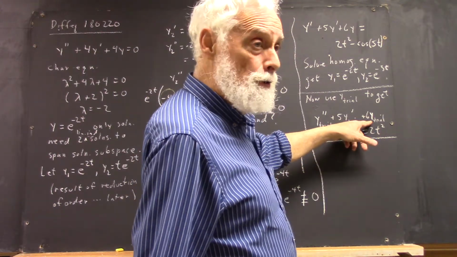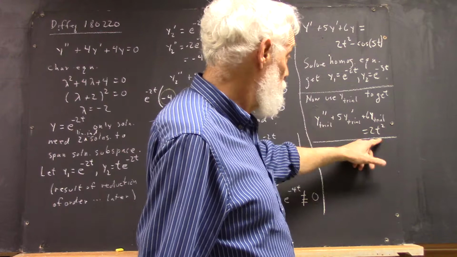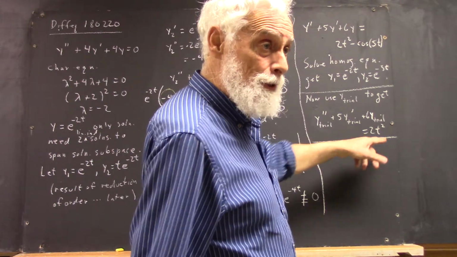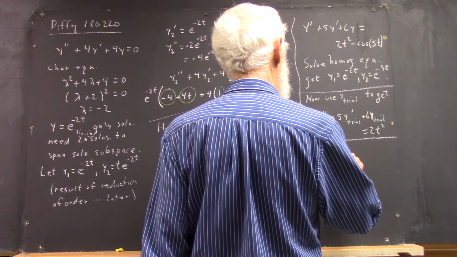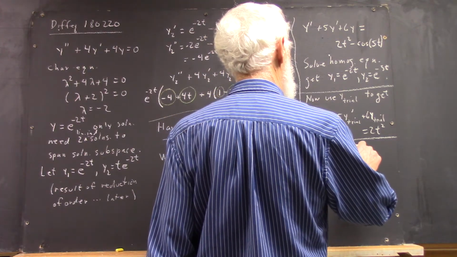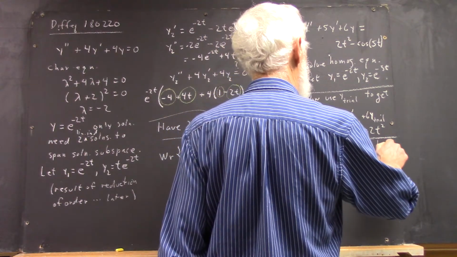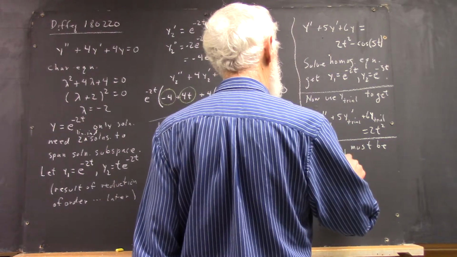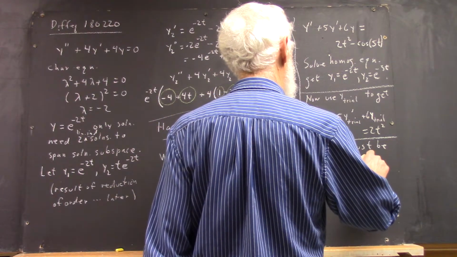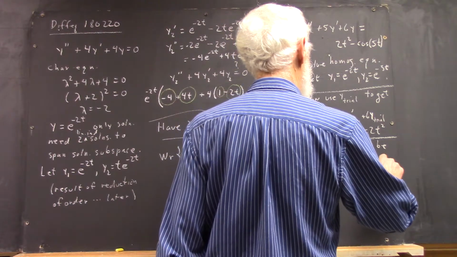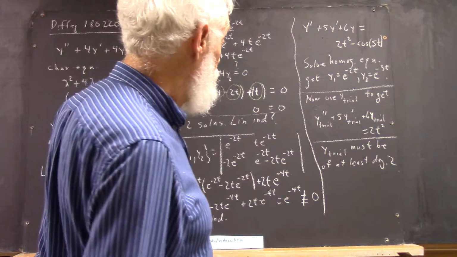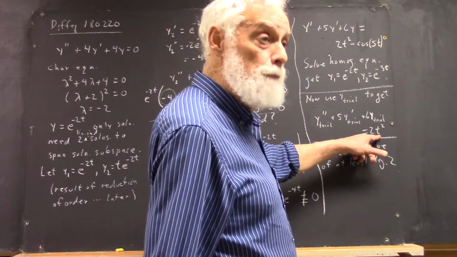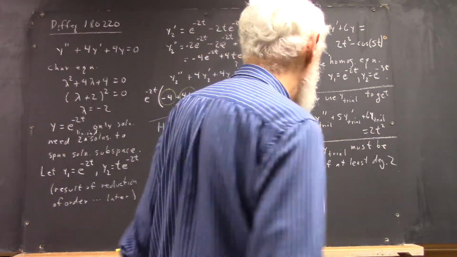And your third term would be a power less than 2, so you're not going to get a second power. So I'm going to say y trial must be of at least degree 2. Anything less is never going to give you a degree 2 term. Okay?